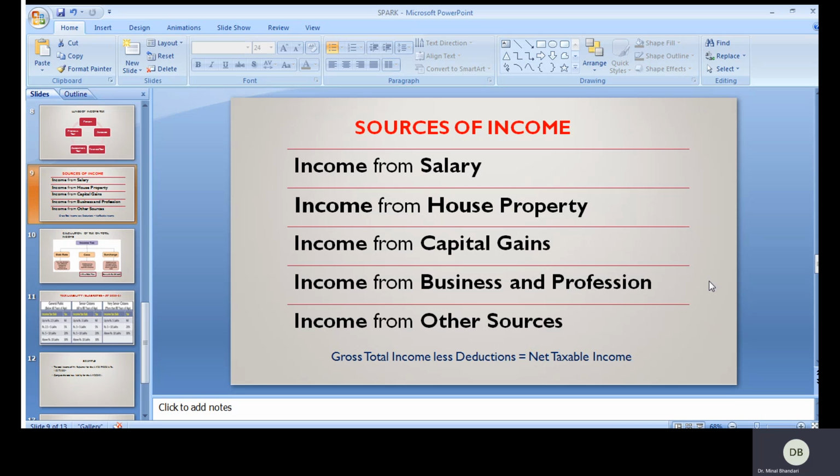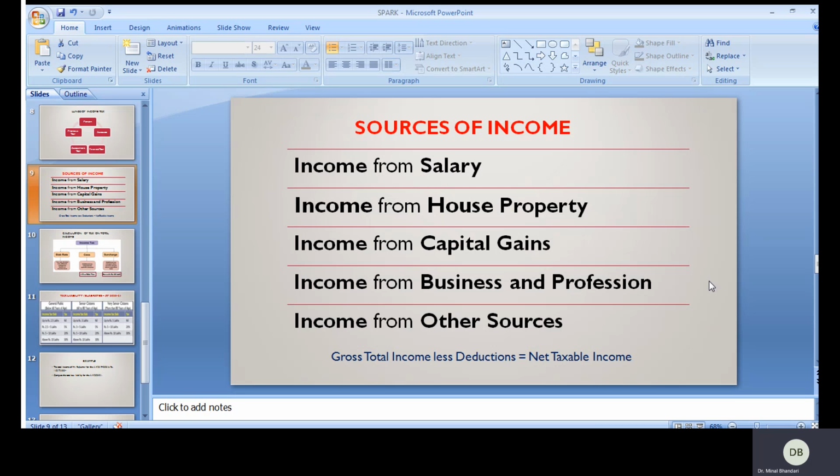And the income sources which are not covered by, or which don't come under, salary, house property, capital gains and business and profession are treated as income from other sources. That means income which is incidental, like any brokerage, any kind of commission which is not fixed in nature.